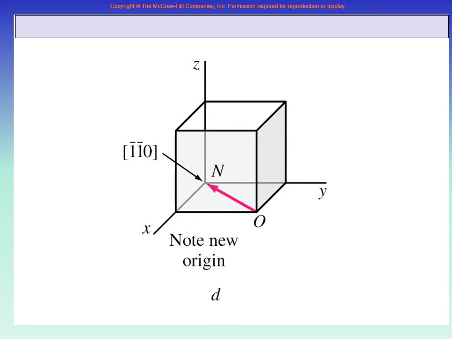So on the previous page, you learnt a technique that in the direction indices, if any number is a fraction, you multiply by the minimum number, so the fractions go away. And here you learn two new techniques, that sometimes you may have to move the origin, and therefore some numbers become minus. And if in the direction indices some numbers are minus, we write the minus sign up.